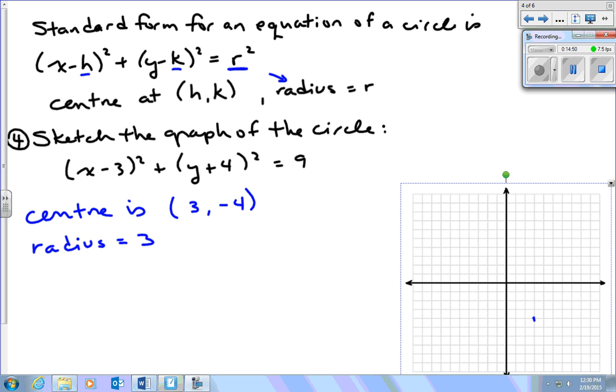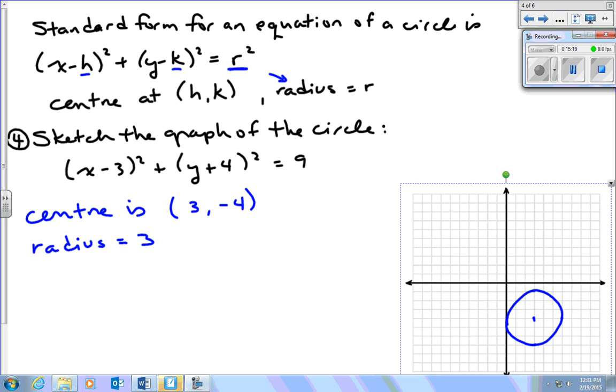So if we needed to, we could think of having vertices, but we don't really need to do that because if our radius is a nice whole number like 3, we can plot our center and then just go 3 in 4 different directions, so up, down, and left and right, and there we have 4 points with which to sketch our circle.